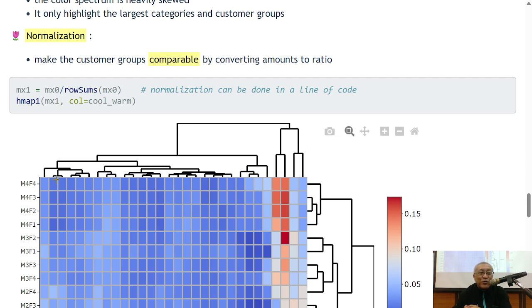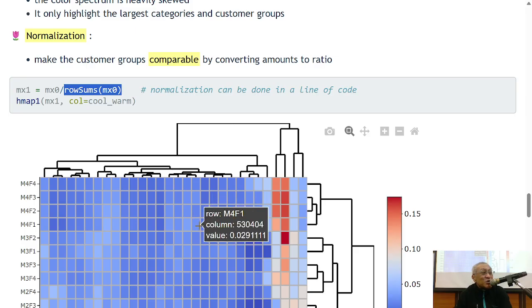Because every row is summed and put in the denominator, okay? So it becomes the percentage, right? The value here is actually the ratio instead of the money, right?